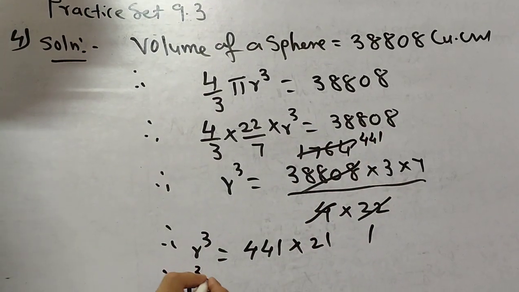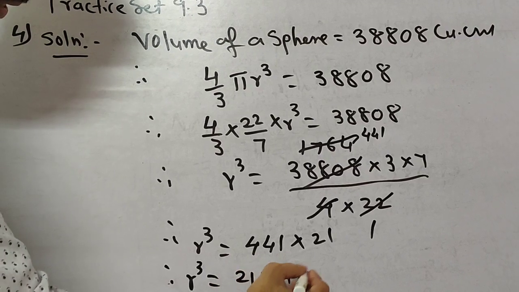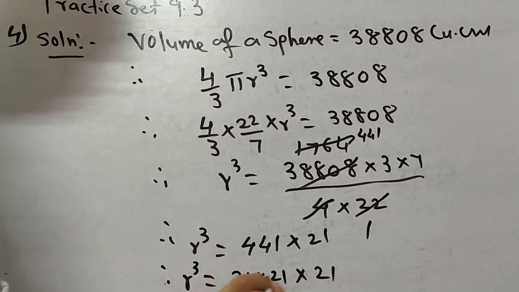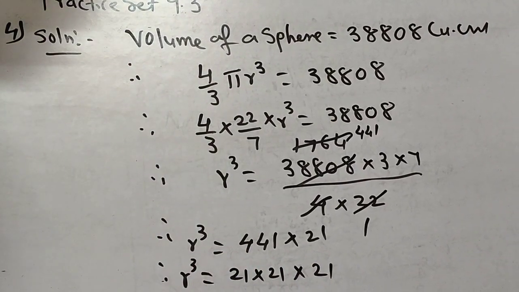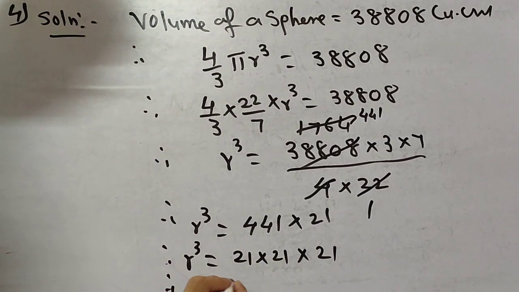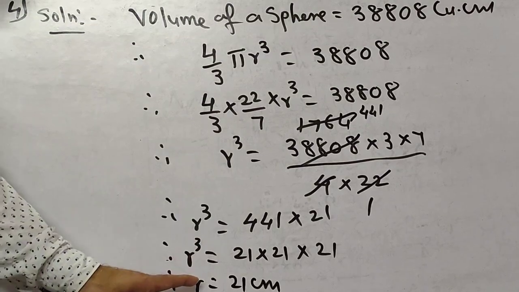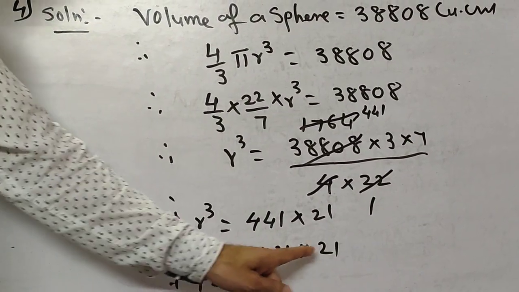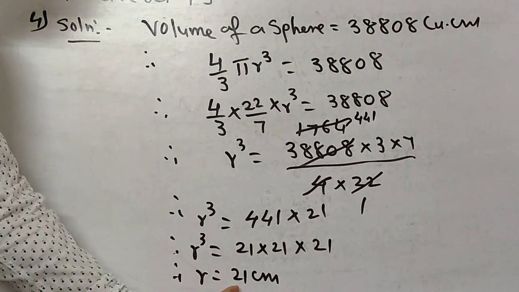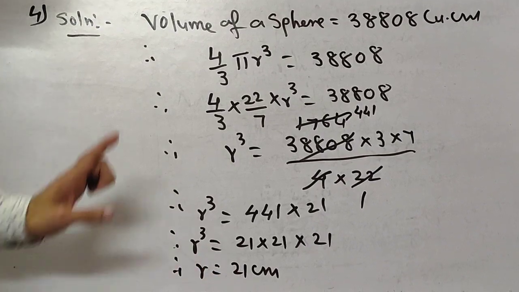So r cube is equal to 21 into 21 into 21. 21 into 21 is 441, and therefore you will get r is equal to 21 centimeter. Taking cube root, out of 21 into 21 into 21 only one will be selected, that is r. R you got is 21.